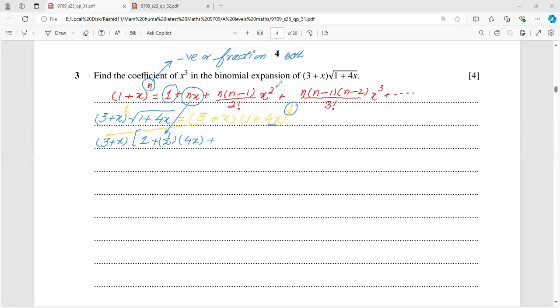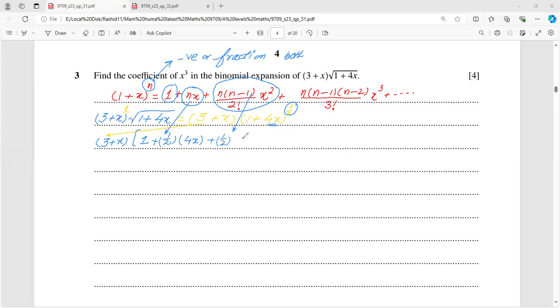This formula you have to shift over here. How you will shift over here? So this expression you have to shift over here. One by one, I will substitute the values. First of all, we have to write n. In this case, n is 1 by 2.